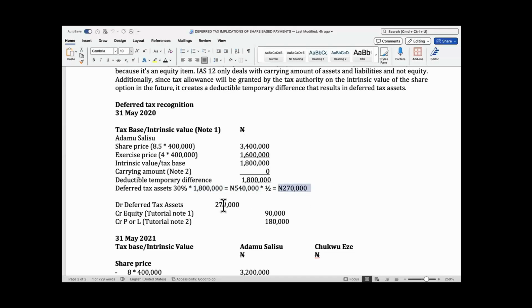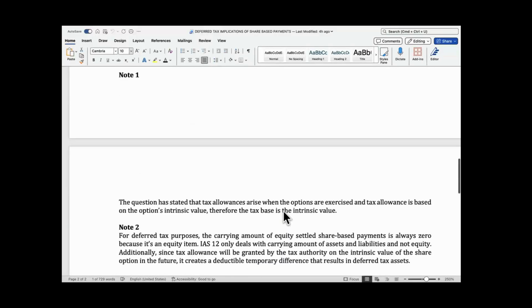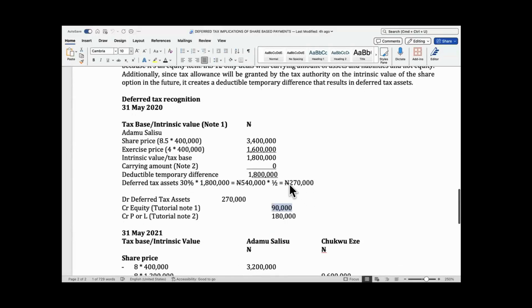Now, is this 270 my deferred tax asset? You see here that I'm taking only 180 out of this 270 to P&L. I'm taking the remaining 90 to equity. The reason is this: I can't take this entire 270 deferred tax to P&L.